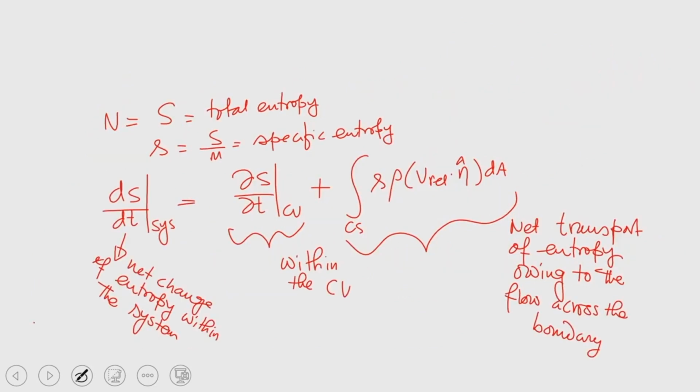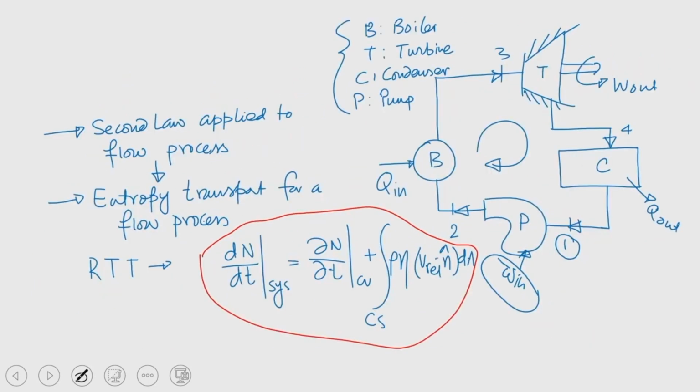So, if it is single entry and single exit, now the question is, if we look at this particular system, this is a pump, and if we consider the control volume, at any instant of time there is only one inlet and one outlet.